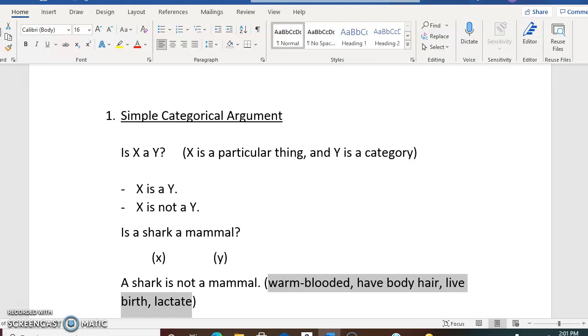Their offspring come out alive and fully developed. And they nurse their young with milk, so they lactate. So those are the 4 agreed upon characteristics of the Y term. And once we know that, then we know that the true claim, the correct answer to is a shark a mammal, is a shark is not a mammal. Okay?